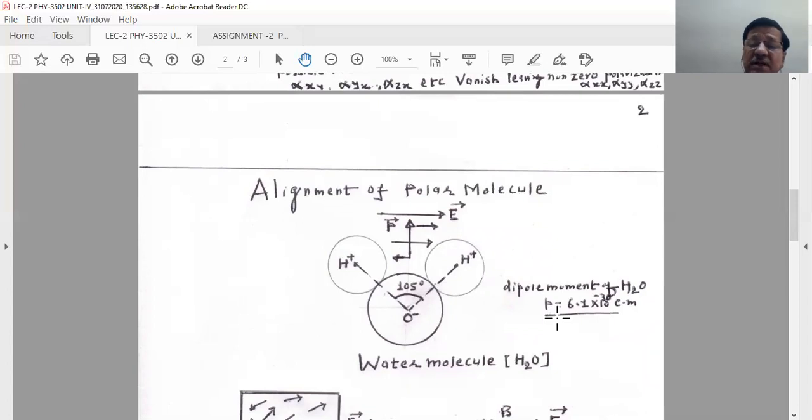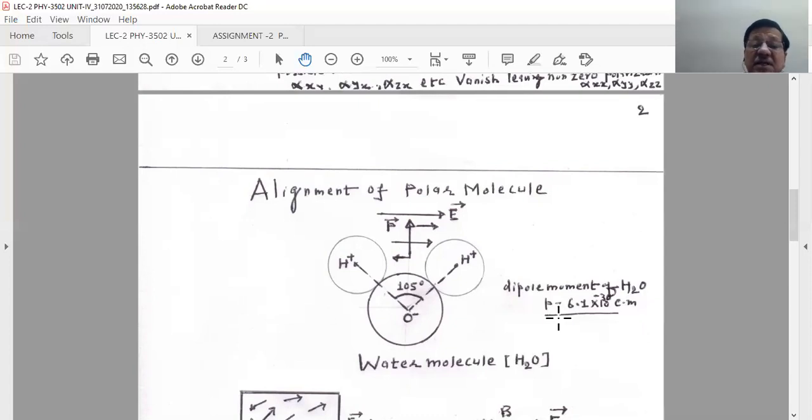Please remember the dipole moment of the water molecule is comparatively large, and this is why water is used as a solvent.